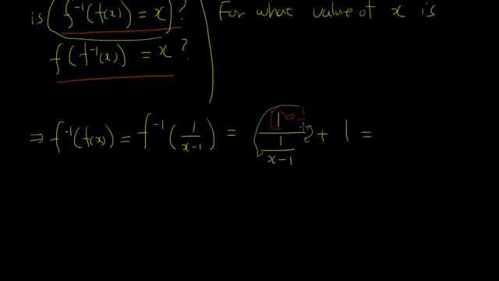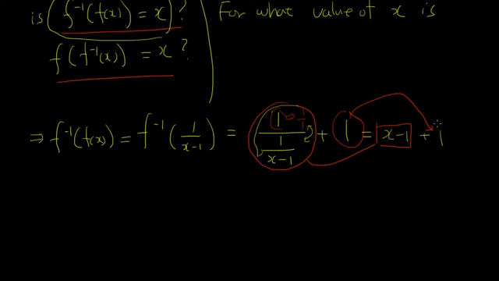So if you multiply 1 and 1, this is over 1. So I'm not going to bother to write over 1. So 1 times x minus 1 is just going to be x minus 1. And then we have plus 1. So this whole thing becomes this.